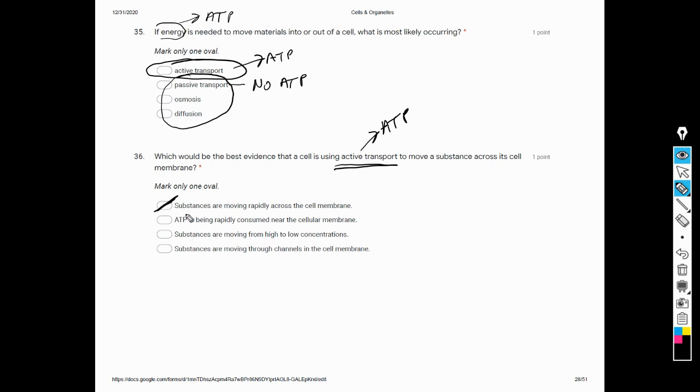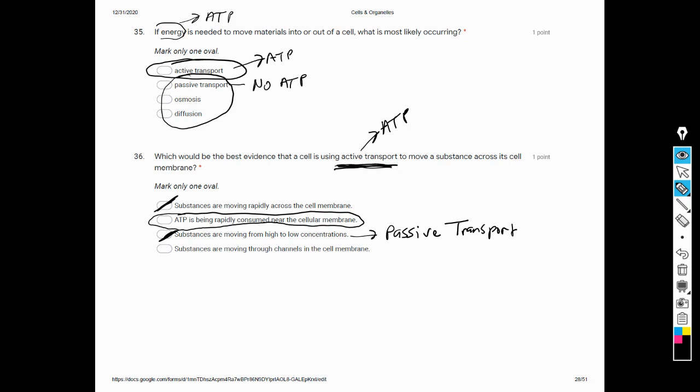Then look at this answer choice. Option 2, ATP is being rapidly consumed near the cell membrane. That would be the best evidence that active transport is being used to move a substance across a membrane. Option 3, substances are moving from high to low. That's incorrect because if things are moving from high to low, that indicates passive transport, and we are dealing with active transport.